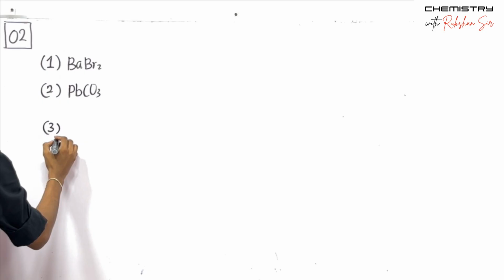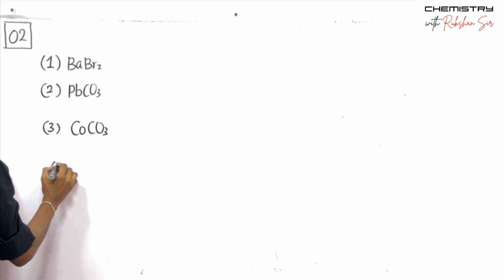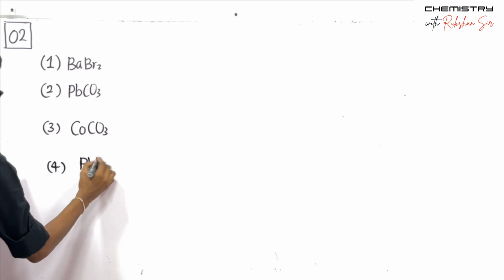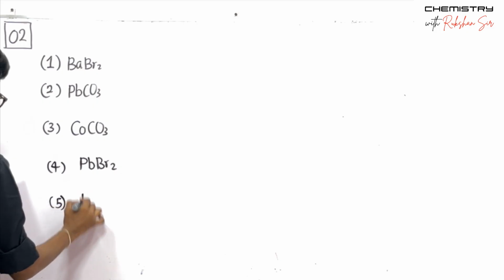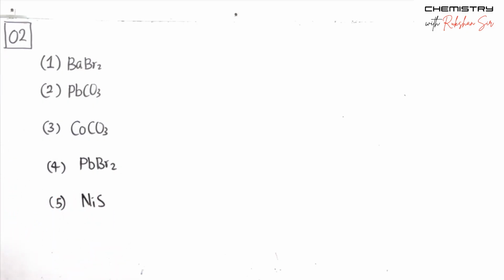Third one is cobalt carbonate, lead bromide. Fifth one, nickel sulfide. Let's see.